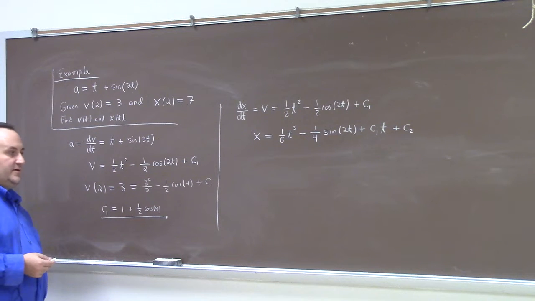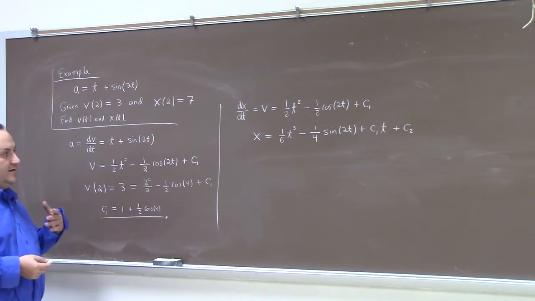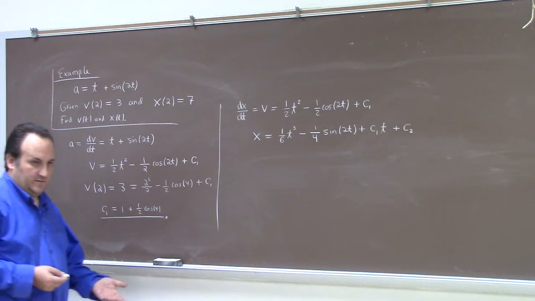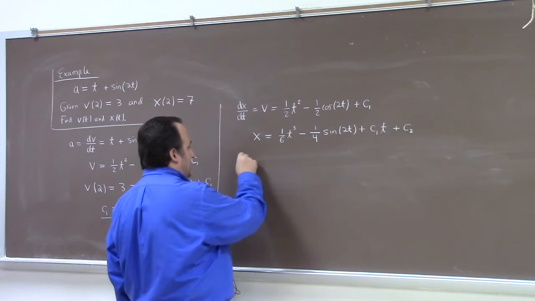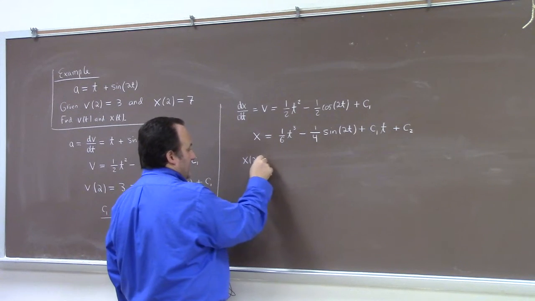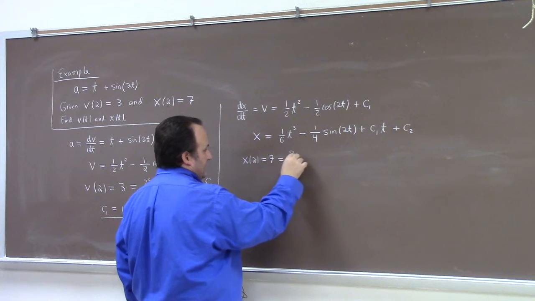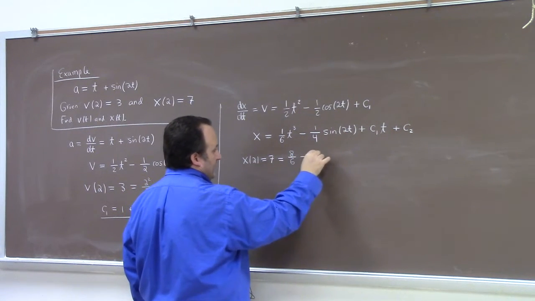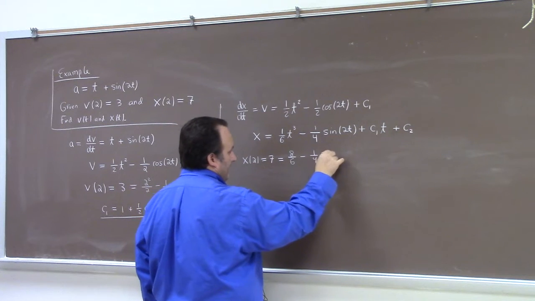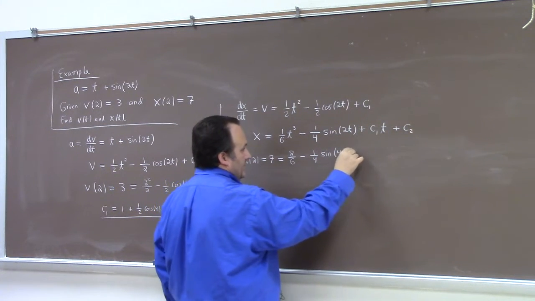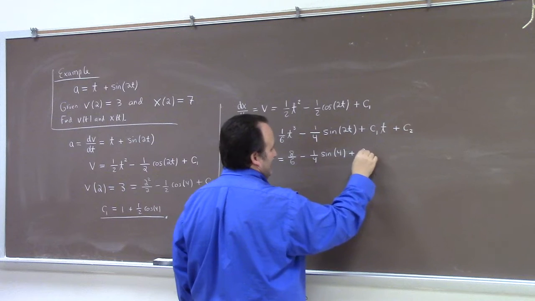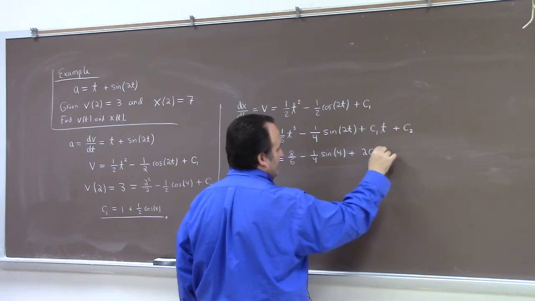Now what? Well, I also know that the position at time 2 is 7. So I do x of 2 equals 7, and that's going to give me 8/6 minus 1/4 of sine of 4 plus 2c1, plus c2.